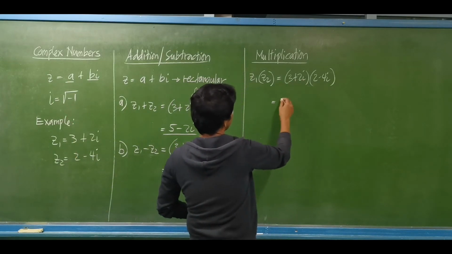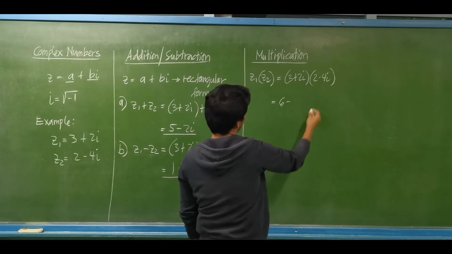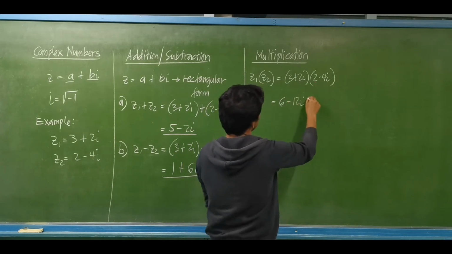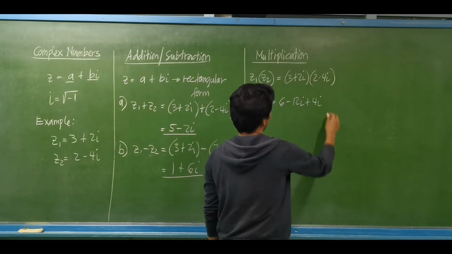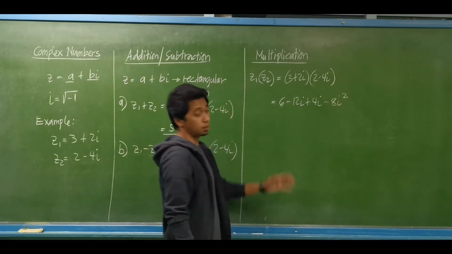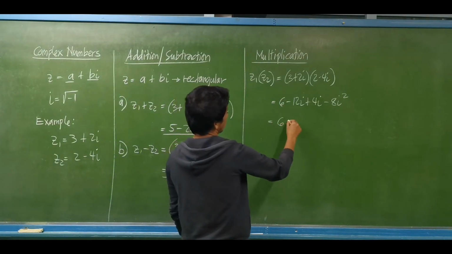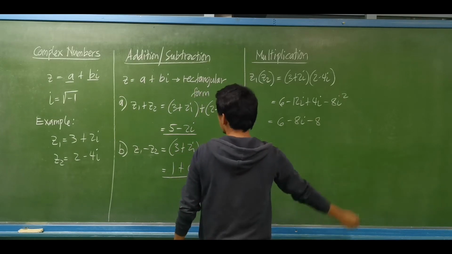So we have 3 times 2, this is 6, 3 times negative 4i is negative 12i. Then 2i times 2 is plus 4i, 2i times negative 4i is negative 8i squared.